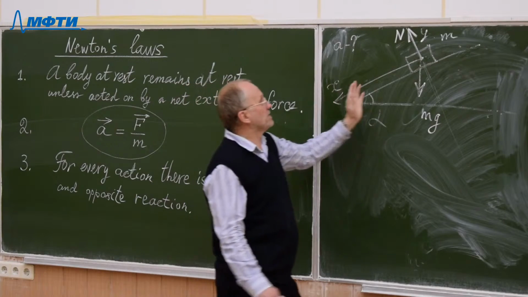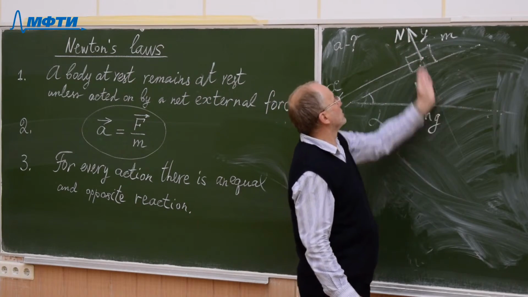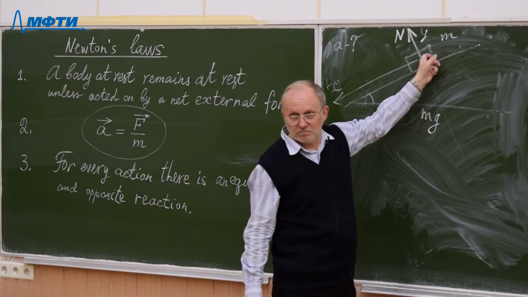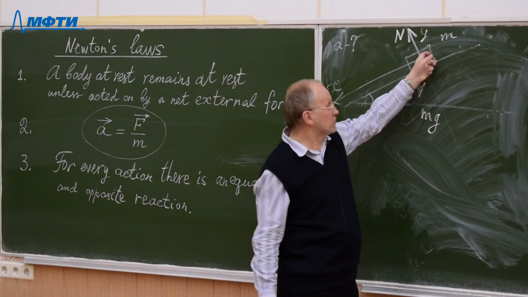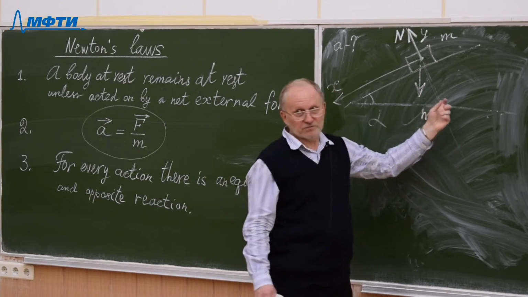It means that all the velocities and accelerations along the perpendicular y-axis should be zero. This body is unable to jump off, and it cannot go through the surface.